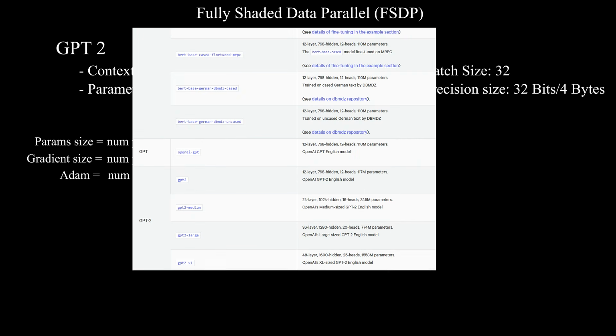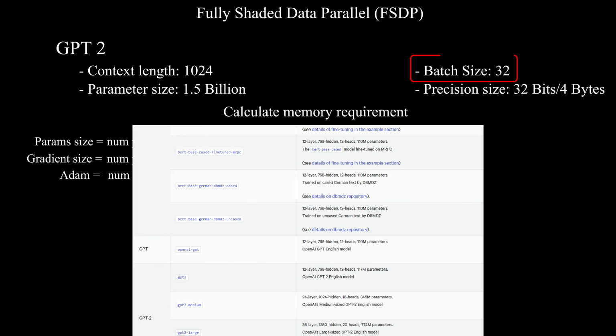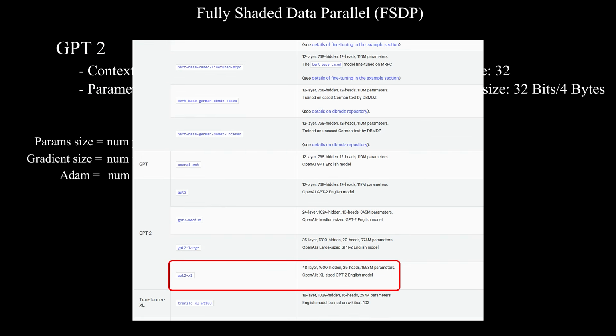Now, for calculating the memory requirement for activations, we need this information. We are training on a batch size of 32, sequence length of 1024, and we already know that GPT-2 uses an embedding dimension of 1600. It has 48 layers and 24 attention heads. So here are the memory requirements for storing token embeddings.